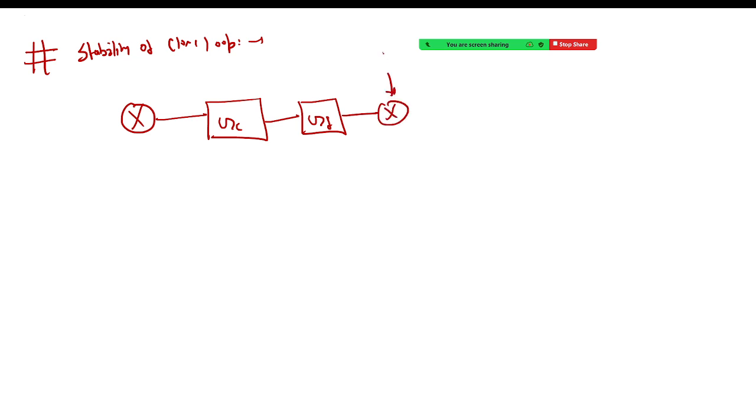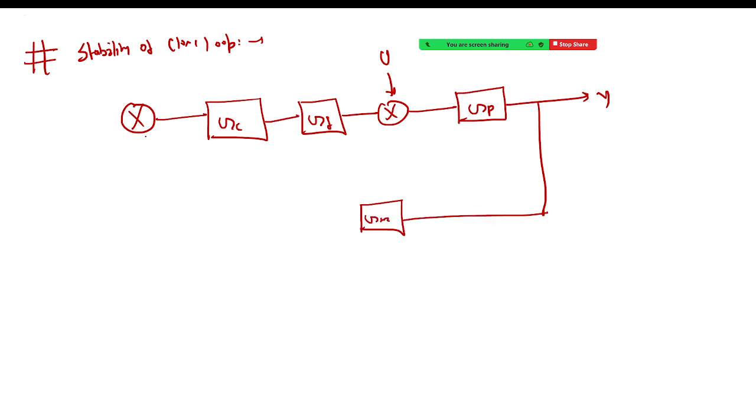This is a process where U is there, that is load. Here your GP will be there, and this GP will give you output of Y, and here GM will be there. Is it clear? And I'm just assuming there is a negative feedback system over here. Here that is XS, and here this one is YS. That is negative, that is positive.